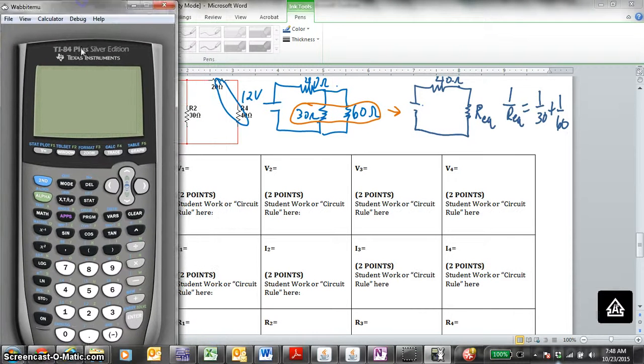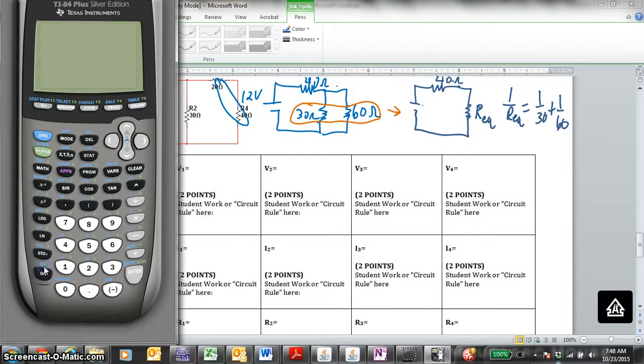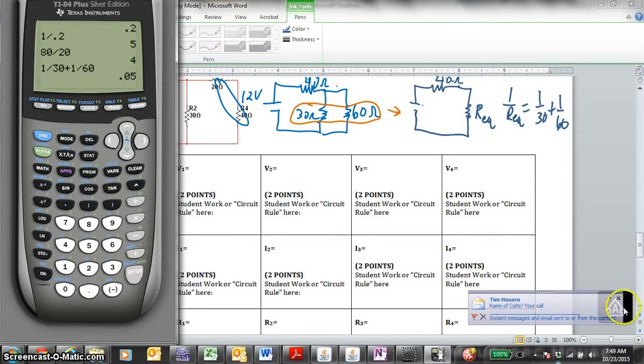Move the calculator over here. 1 divided by 30 plus 1 divided by 60. And then your REQ is not 0.05, it is 1 divided by 0.05.